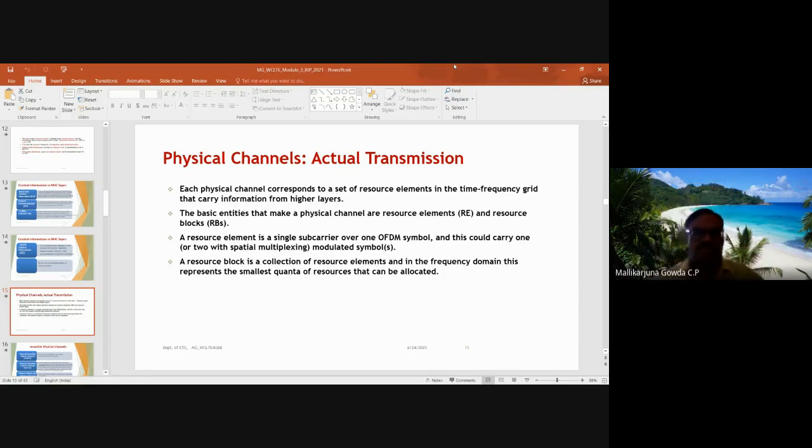Here what I wanted to say is that the resource block is a collection of resource elements in the frequency domain, and it represents the smallest quantity of resources that can be allocated. So with this revision of the time frequency grid, let me talk about the physical channels.